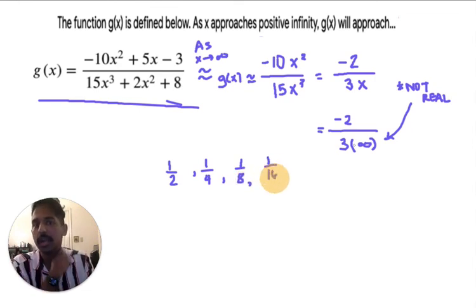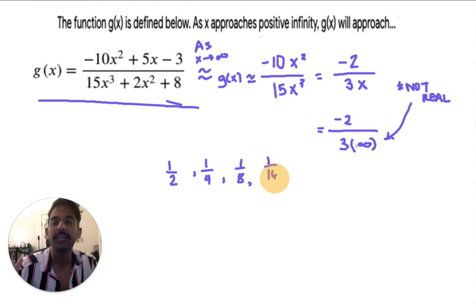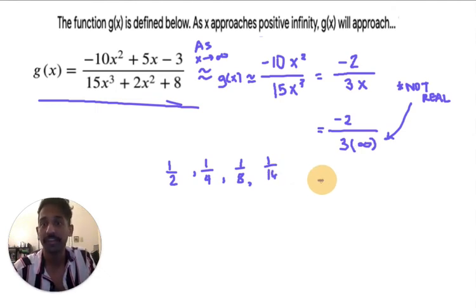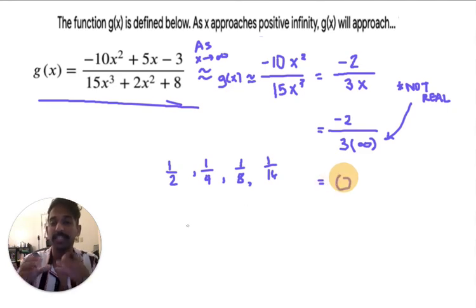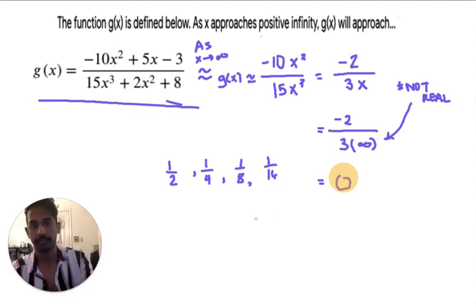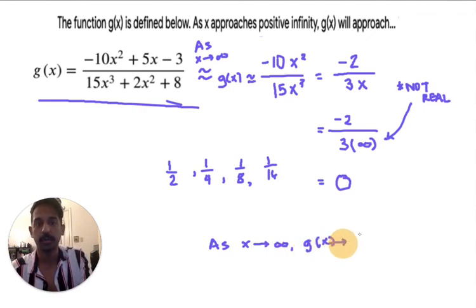And so here, if we have a really, really big denominator, we're pretty much going to end up with 0, because we're going to have such a small fraction that it's pretty much 0. And so that means that as x approaches infinity, g of x, in this case, for this rational function, will approach 0.